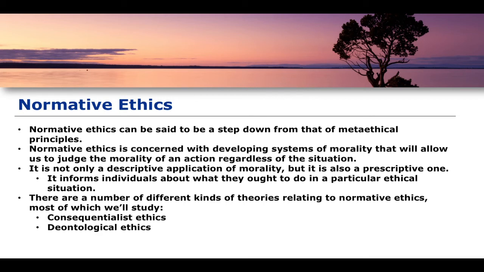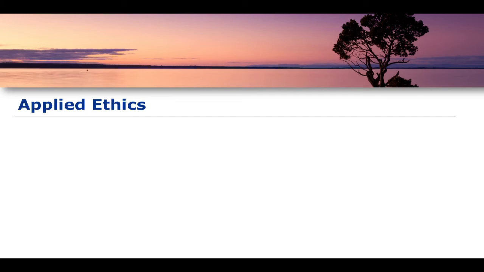There's also deontological ethics, most commonly associated with the philosopher Immanuel Kant, who is going to be our first study of ethics when we get past all of these introductory lessons. And then there are things like the Aristotelian idea of virtue ethics, or even situation ethics as well, that we can talk about. These are different ways in which we can apply normative frameworks to look at what ought and ought not be done in a particular moral situation.